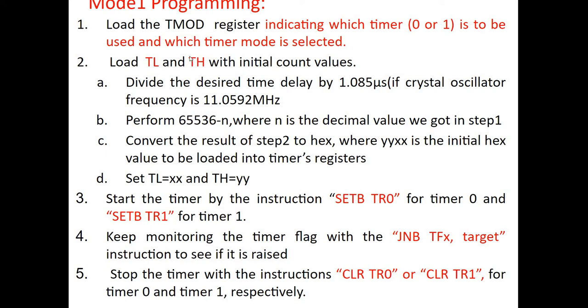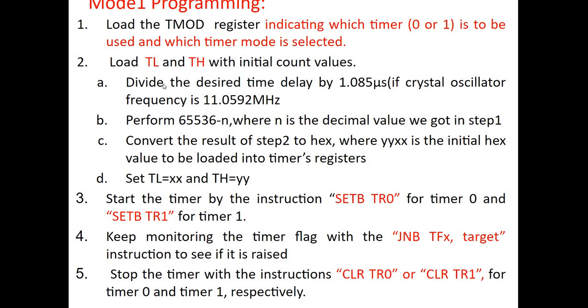As the next step, we need to load TL and TH with the initial count value. It is very, very important to calculate what values should be loaded into TL and TH. For this we have the following steps.